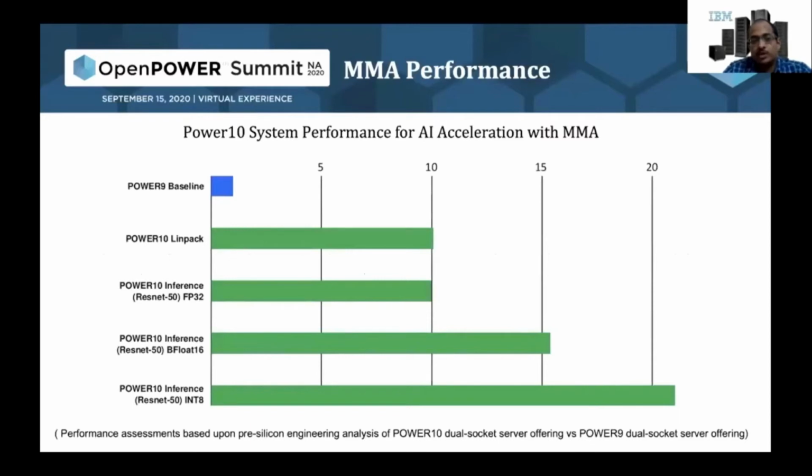OpenBLAS SGEMM shows more than 4x per core performance improvement on average for multiple matrix sizes compared to P9. Traditional LINPACK and FP32 ResNet 50 inference workloads show around 10x improvements. Lower precision ResNet 50 inference workloads show up to 20x improvements as compared to P9 systems.